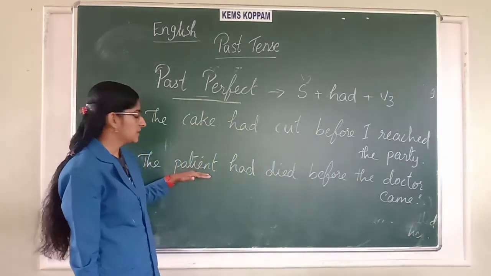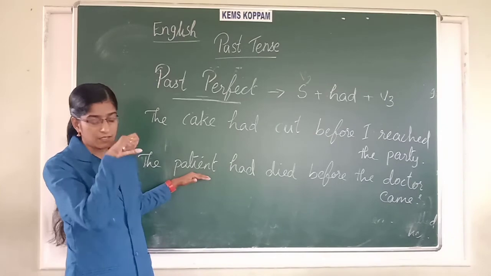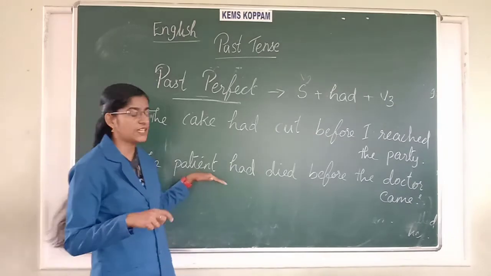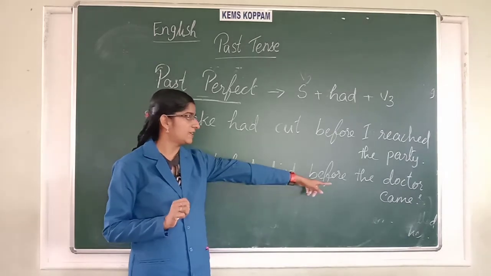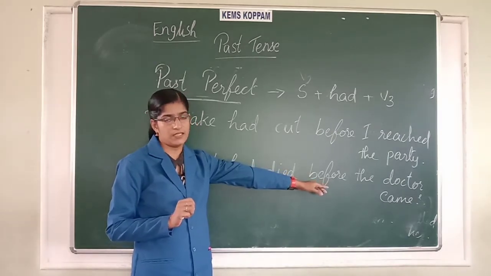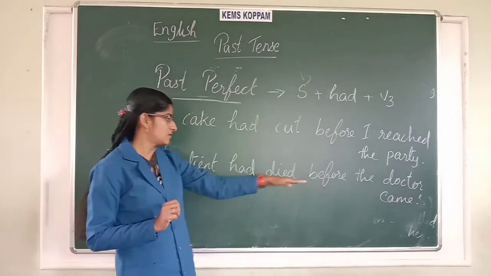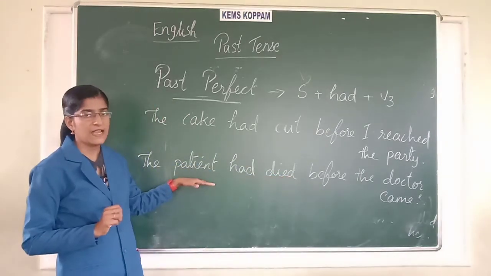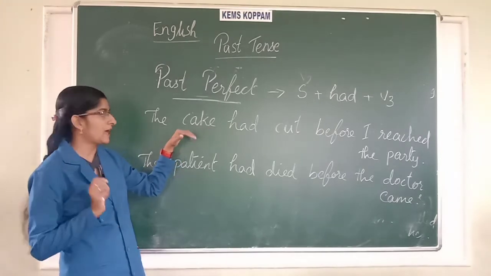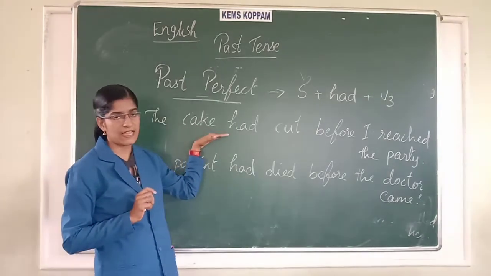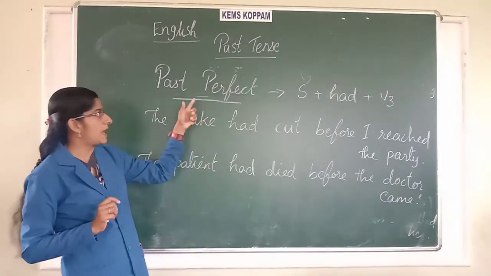Okay. Which action happened first? The patient had died. Okay. After that, he could reach there. So this is the first happened action.